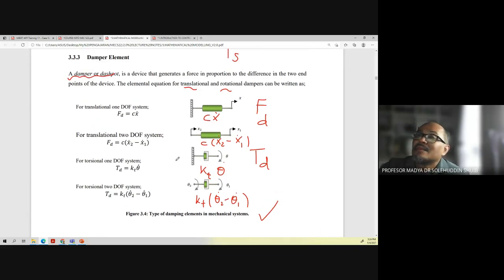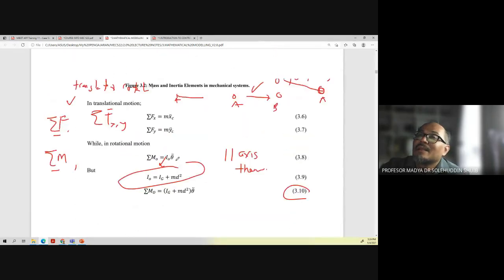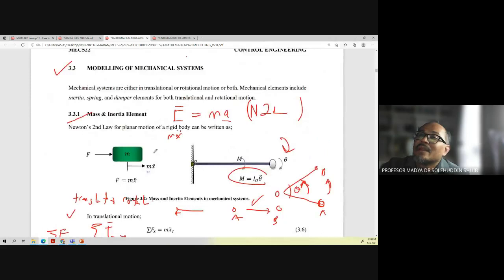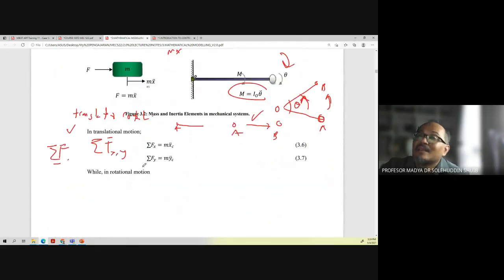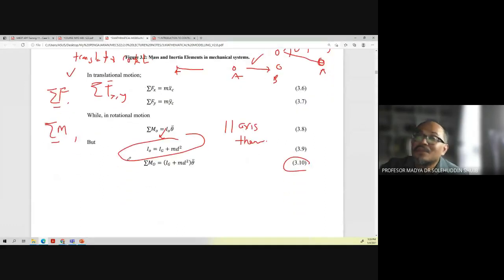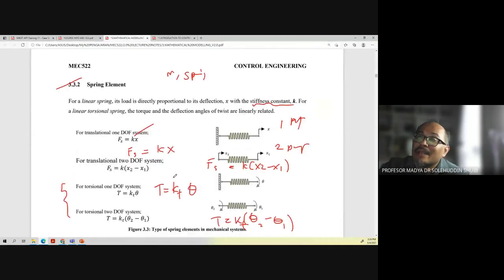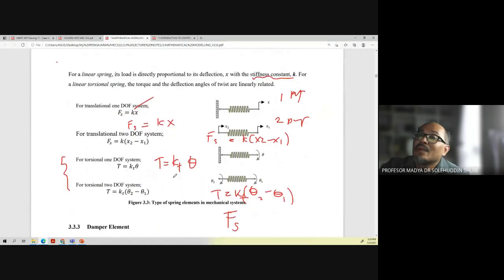Okay. So we have done these three lah. Recap balik apa yang kita tengok tadi. We have mass and inertia. We have summation of force and then summation of moment. And then we have another one, the spring element. So for spring element we have translational spring force, and then we have torsional. Okay, this is how you write.